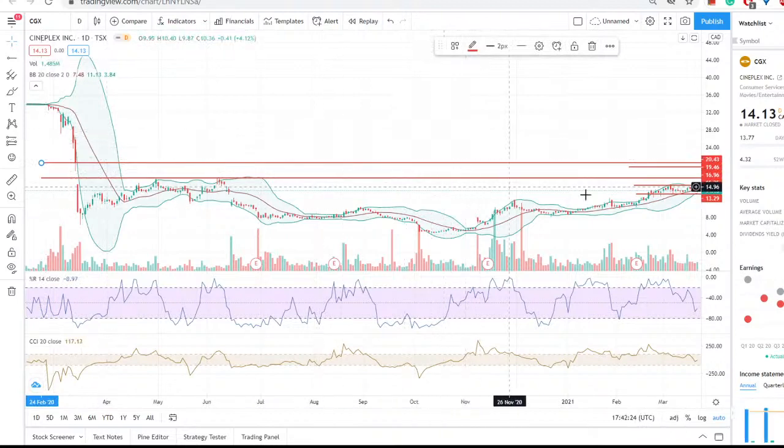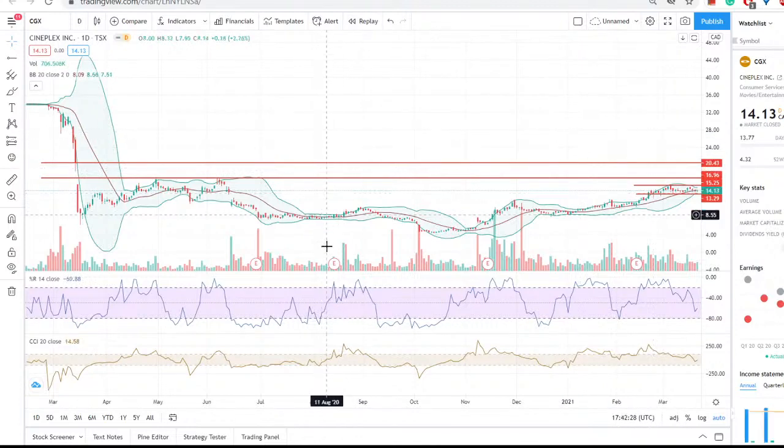Yeah, that's it. So if 15.50 gets taken out, your next target is 17.50 and 20.50.